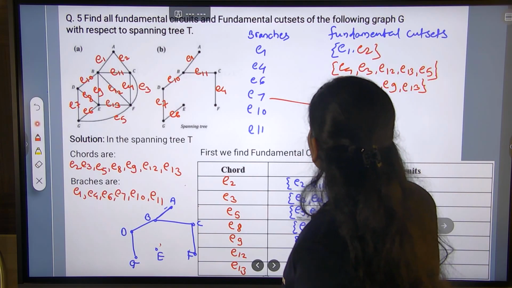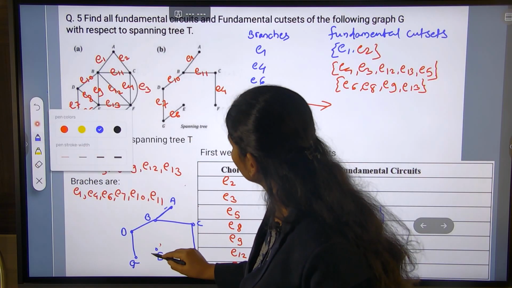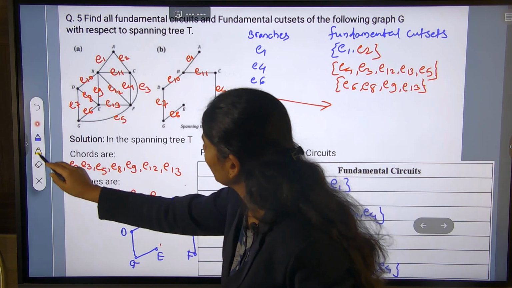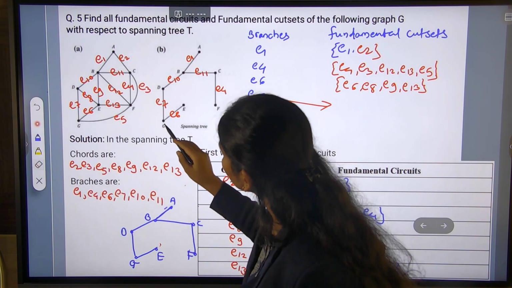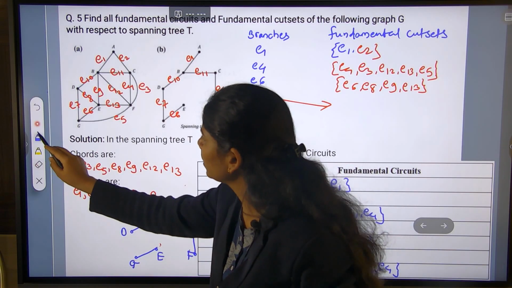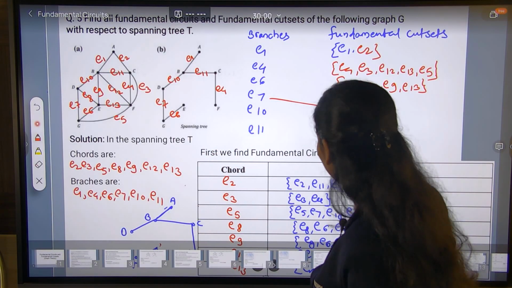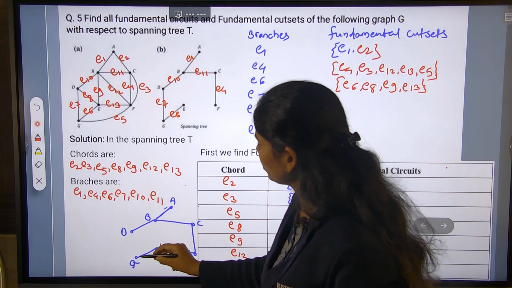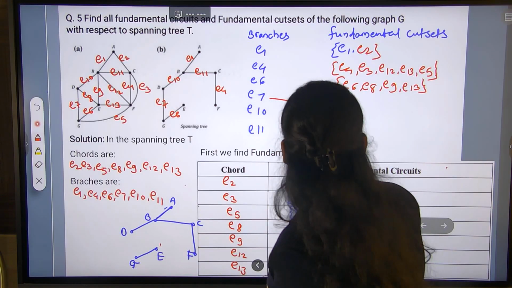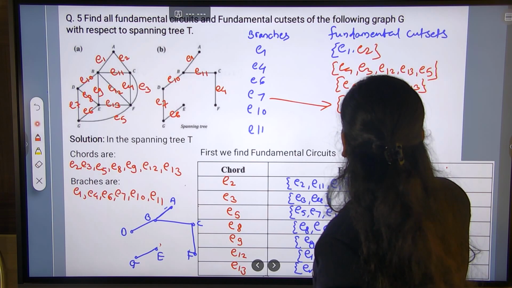Next go for E7. Remove the edge E7, E7 edge means this. We get here two disconnected components, so check which chords will join those two components. First E7 itself, if we join E8, E9, so write down all those edges here: E7, E8, E9.